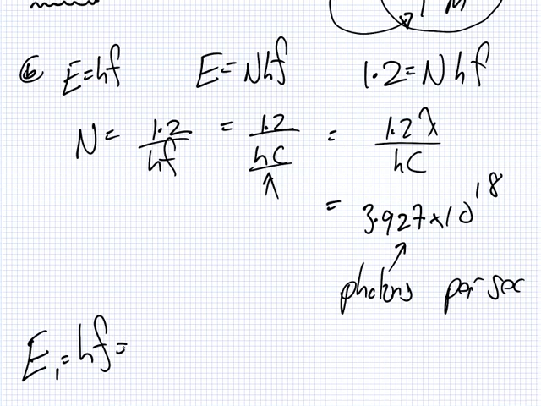And then what was the 650? Okay, and I'm going to put this in electron volts. So the energy for one photon is 1.907 electron volts.